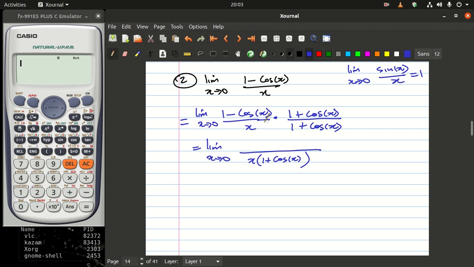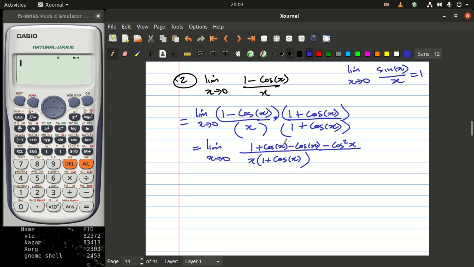So I have this x. The numerator I am going to simplify. 1 times 1 is 1. 1 times cosine x is plus cosine x. Minus cosine x times 1 is minus cosine x. Minus cosine x times cosine x is minus cosine squared x.